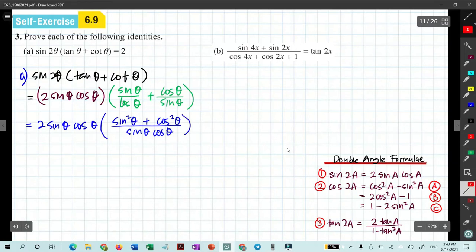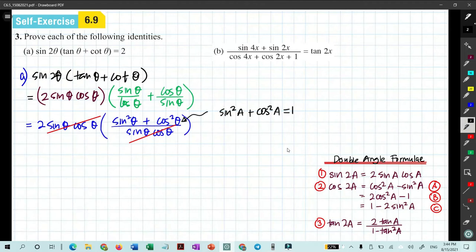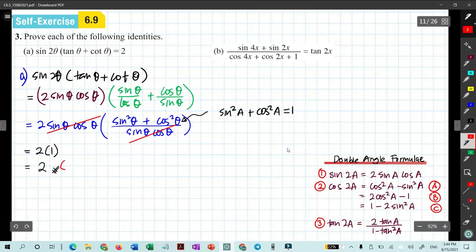And here we can cancel the sine theta cos theta from this expression, and finally, by using the basic identity that you learned earlier, which is sine square A plus cos square A equals to 1, you can substitute sine square theta plus cos square theta with 1. Okay, so 2 times 1, and the final answer is actually 2. So we managed to prove that the left hand side is actually equals to the right hand side.